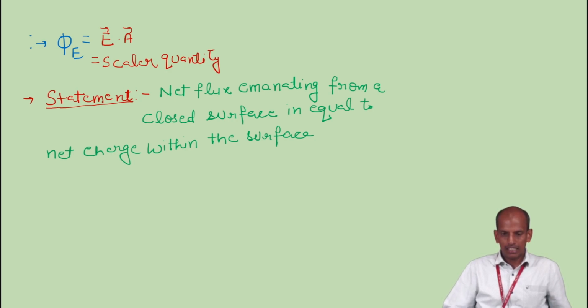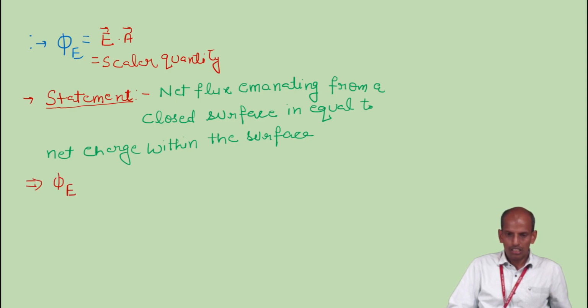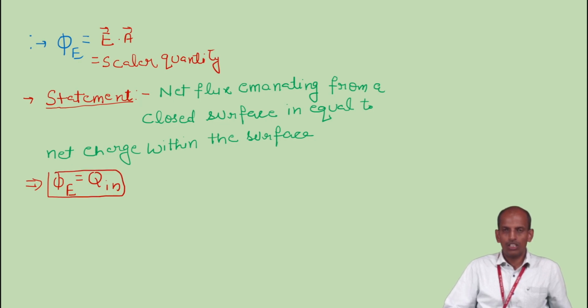So mathematically one can simply write phi E, the flux of the electric field, is equal to the net charge enclosed by the surface. So phi E is equal to Q enclosed. This is the simplest form of the Gauss law in electrostatics.